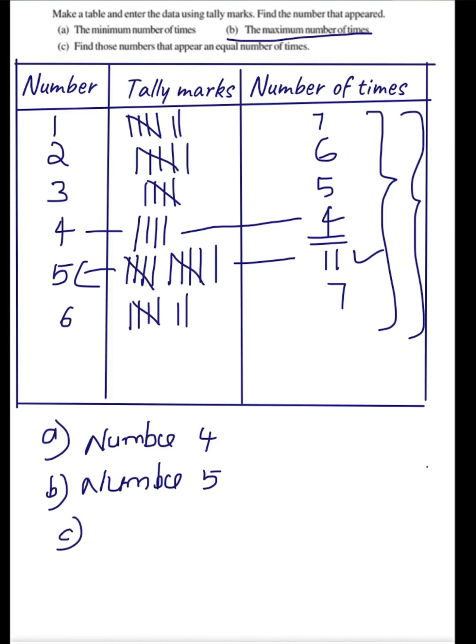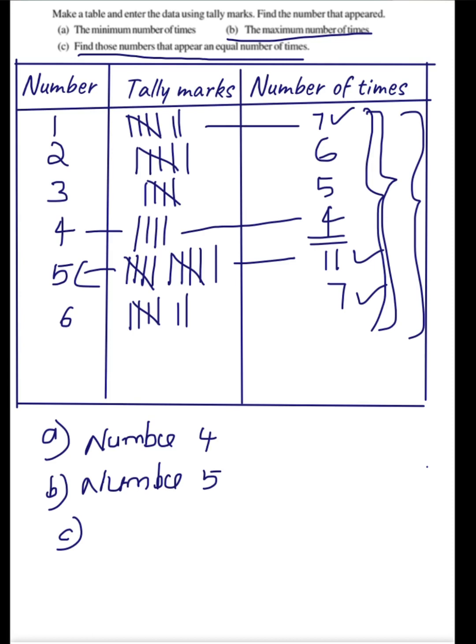Now what about C? You have to find those numbers that appear an equal number of times. For that also you have to see these numbers and you have to see which numbers are equal. You can see that this is 7 and this is 7. So both these are equal.